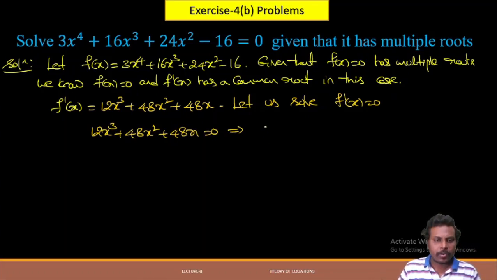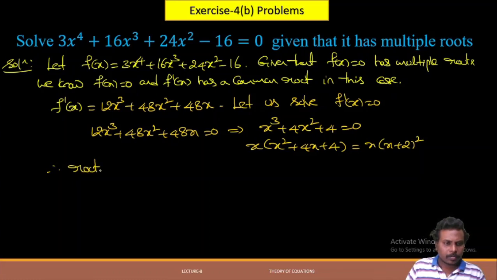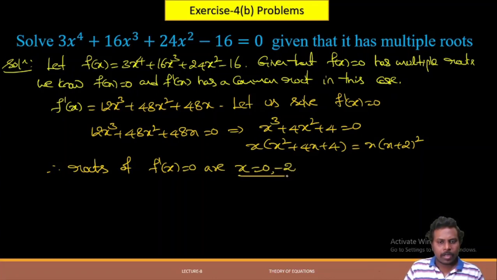If I divide by 12, this becomes x³ + 4x² + 4x = 0. Now I take x common, then this becomes x(x² + 4x + 4), that is x(x + 2)². So the roots of f'(x) = 0 are x = 0, -2.